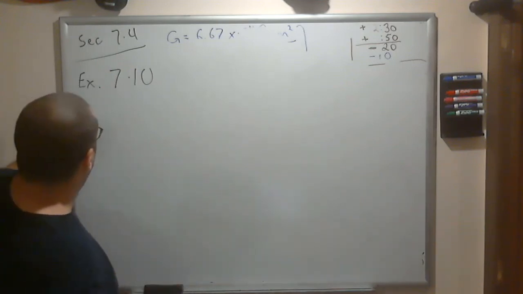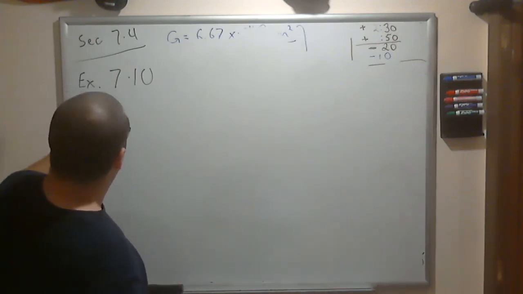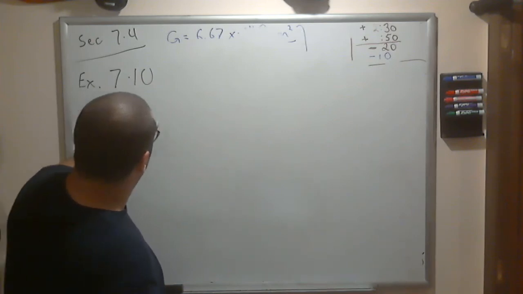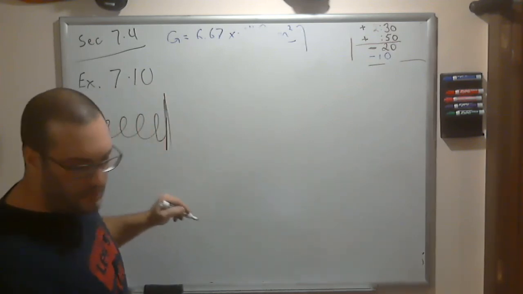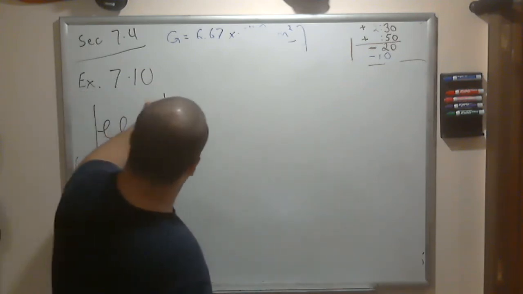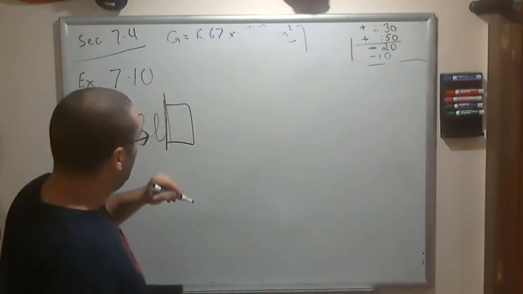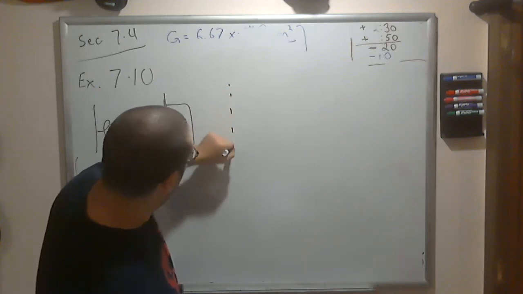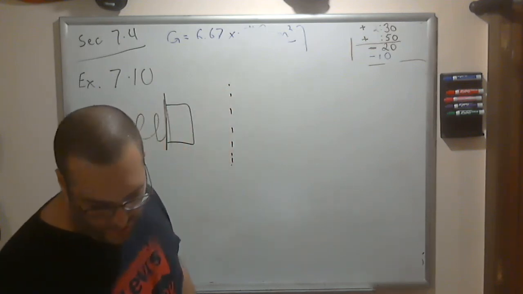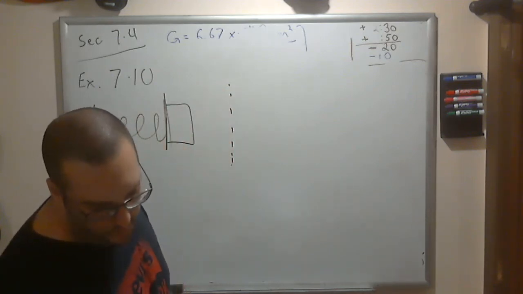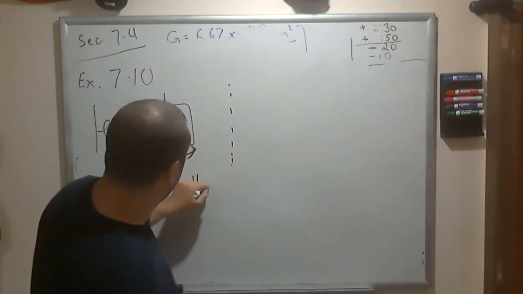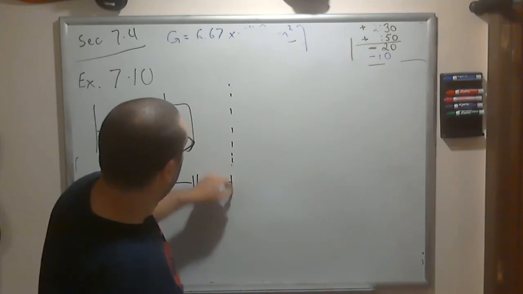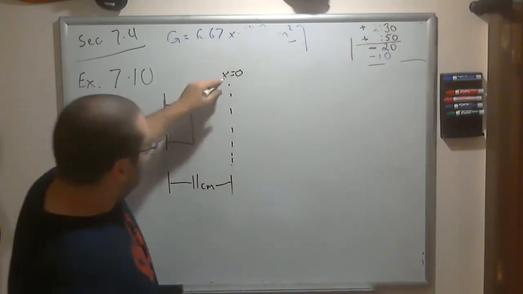Okay, we have a compressed spring. Let's say we want to compress this spring, right? And it has a block on it by 11 centimeters from its equilibrium position. I'll make x equals 0 over here.